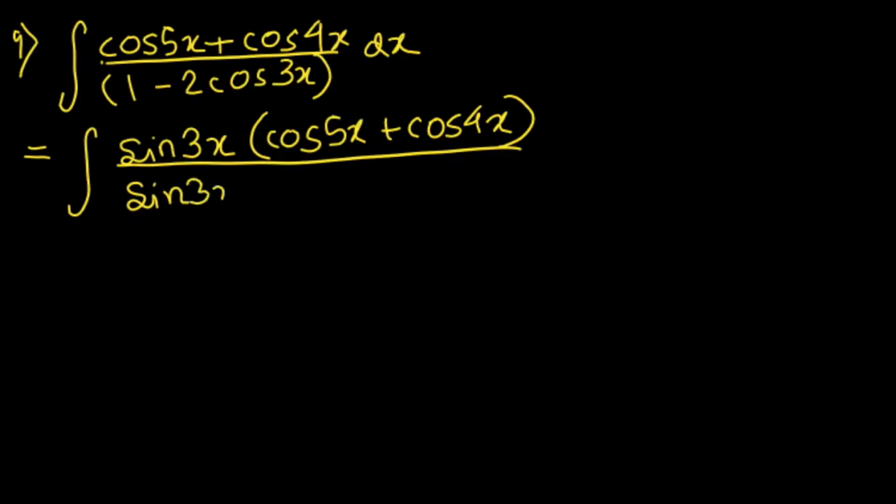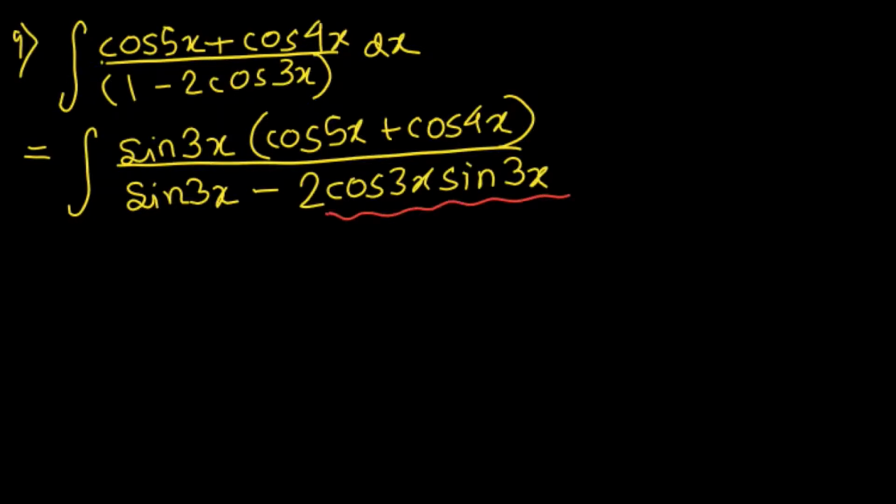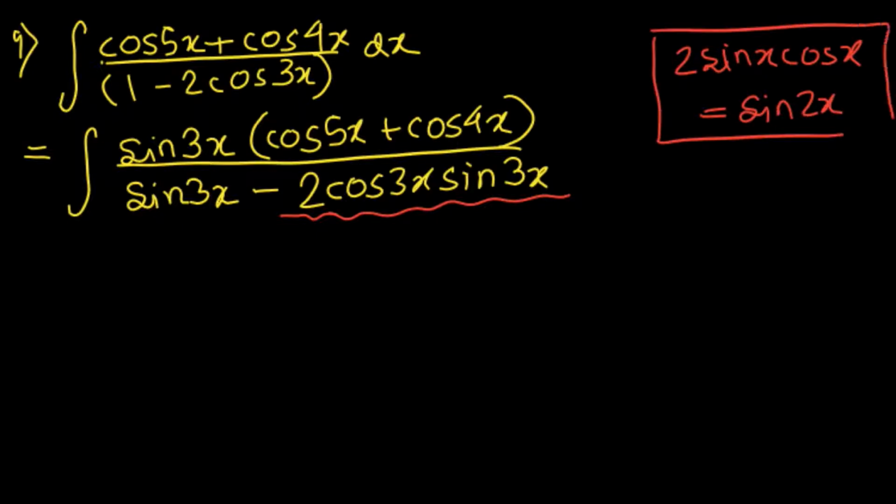So sine 3x into denominator is sine 3x minus 2 cos 3x sine 3x. Now watch carefully. This term comes under special formula of what? 2 sin x cos x gives what? Sin 2x. So this is the formula. We'll use it over here.